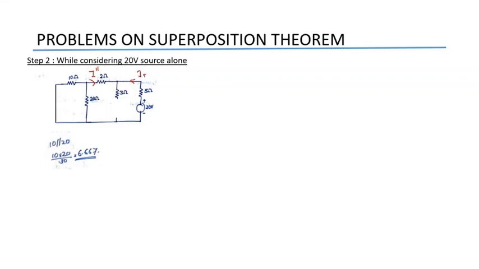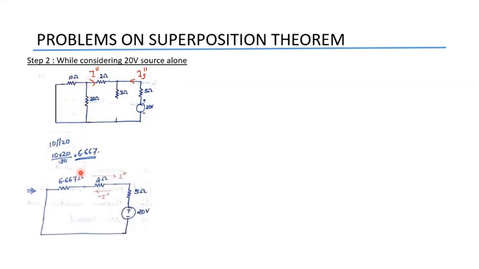In order to find out Is double dash, the entire circuit resistance should be calculated. For that, 10 ohm and 20 ohm are in parallel. So we can replace these two resistors by a single resistance of value 6.667 ohm. So the diagram will be reduced like this. These two are combined with a 6.667 ohm resistor.